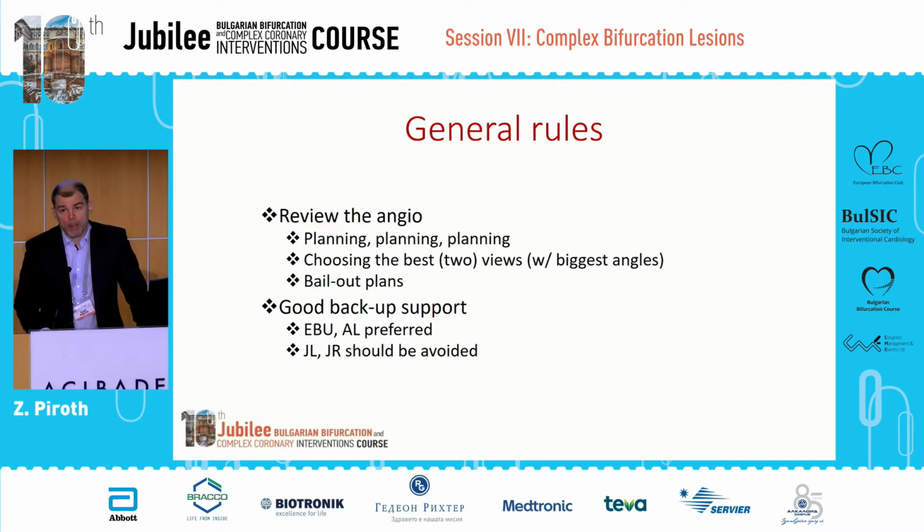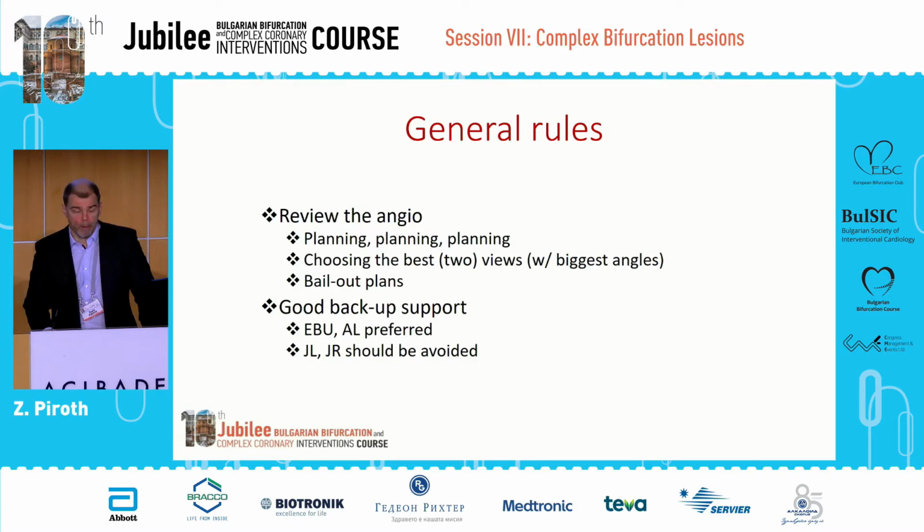And of course, we should have bailout plans for what happens if we cannot proceed with what we were planning first. As a general rule, we should have guiding catheters with good backup support. So EBU and AL guiding catheters are preferred to Judkins type guiding catheters. But I think Ivo will like this comment: this is not a contraindication to the transradial approach.